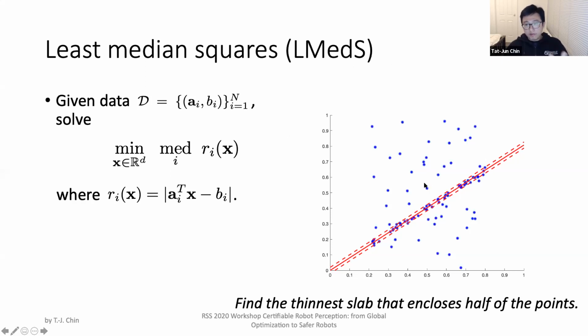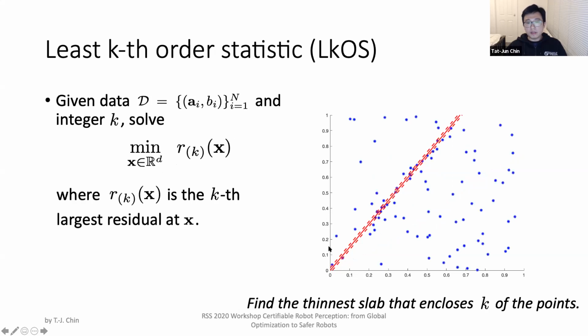Given the same setup, instead of minimizing the count of outliers, we minimize the median of the residuals. Geometrically, or intuitively, it's find the thinnest slab that encloses half of the points. We can generalize that a bit in the problem called least kth order statistic, LKOS: find the thinnest slab that encloses k of the points.